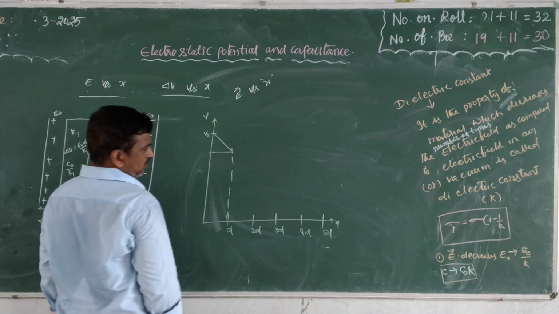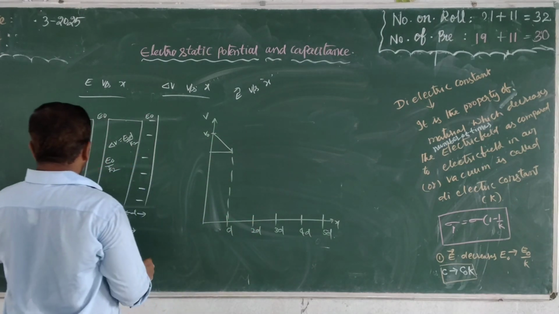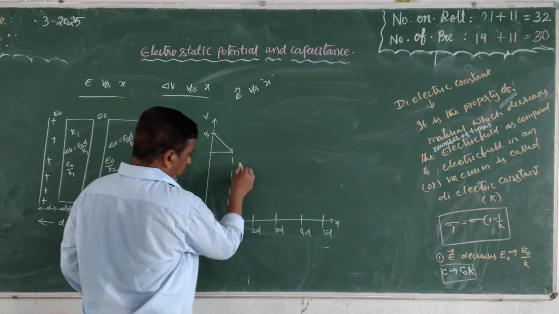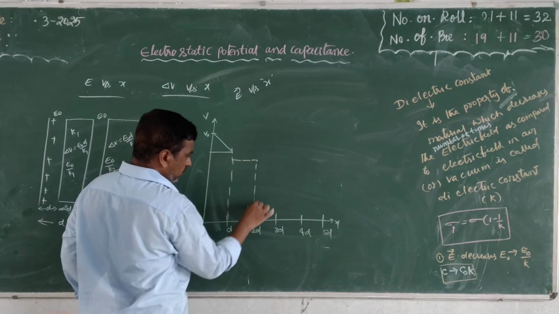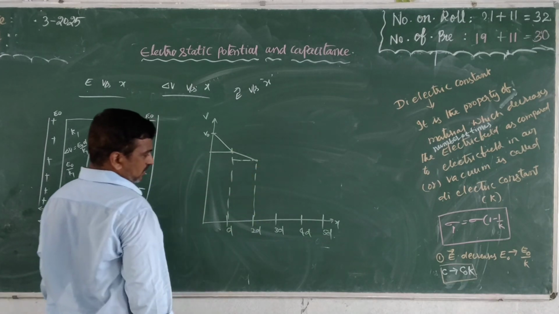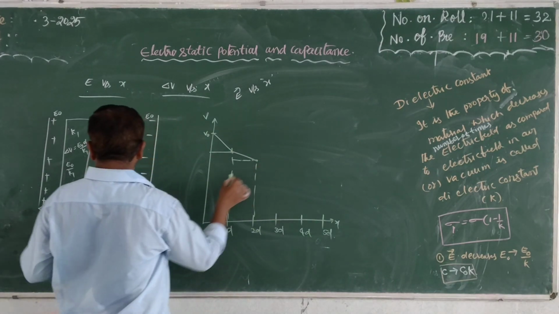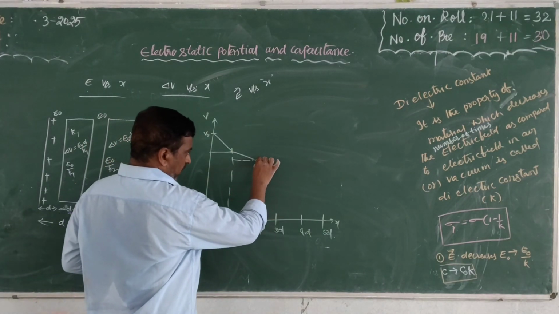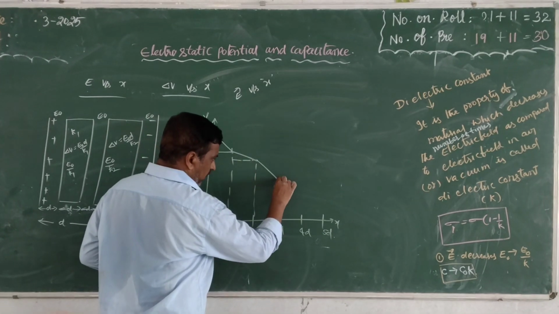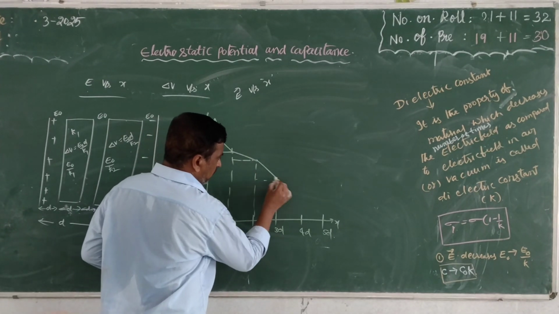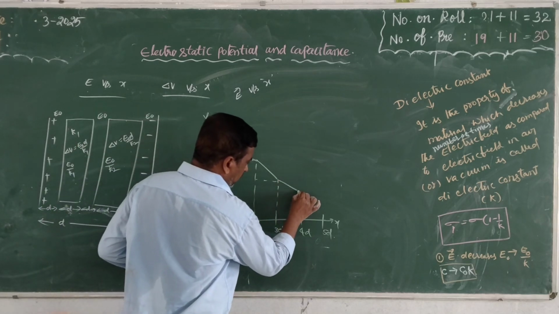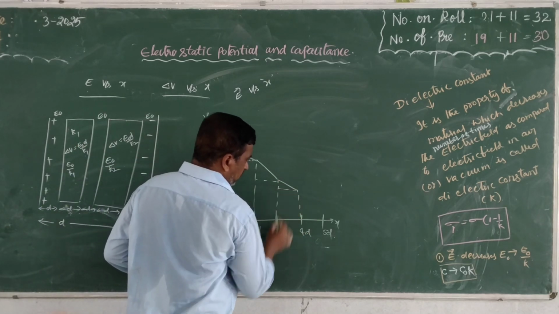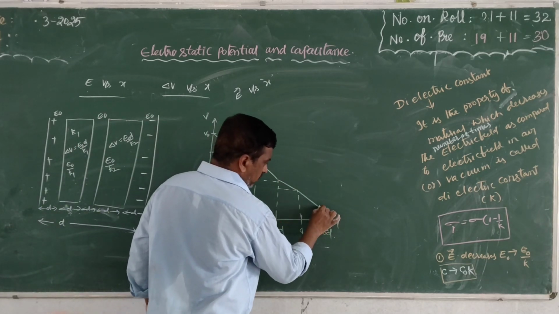Later, where the dielectric is there, the potential change decreases, less than before. Then again empty space, again the change is maximum. After that, again a dielectric is there, with less decrease. Again empty space is there.